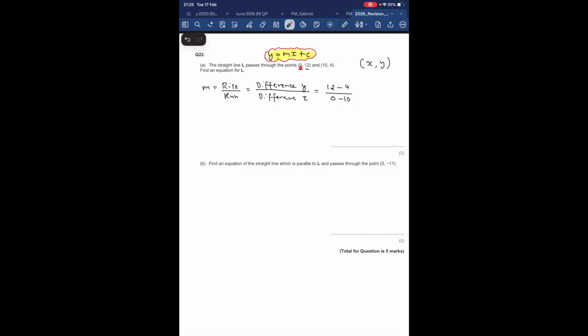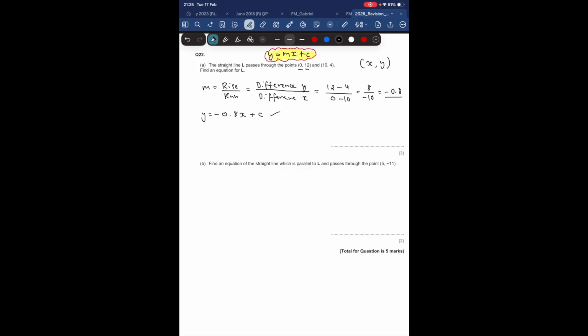If we were to work this out, 12 take away 4 will give us 8. 0 take away 10 will basically give us minus 10. If we work that out, we're going to get minus 0.8. That is the gradient. So the equation of the line now becomes y equals minus 0.8x plus c.